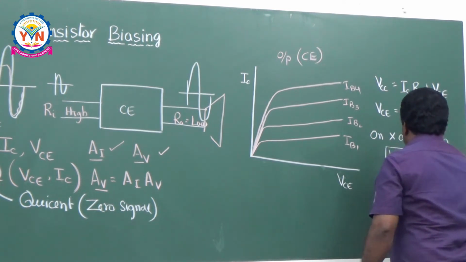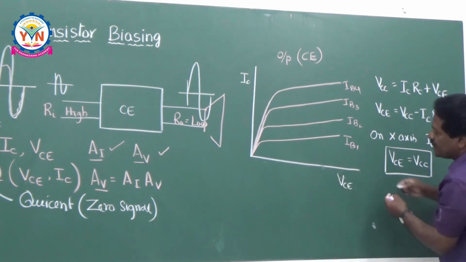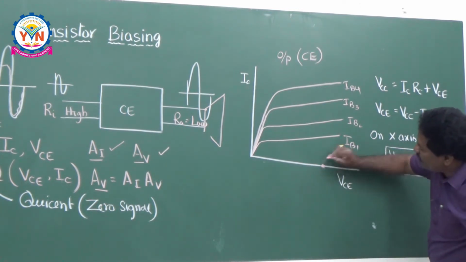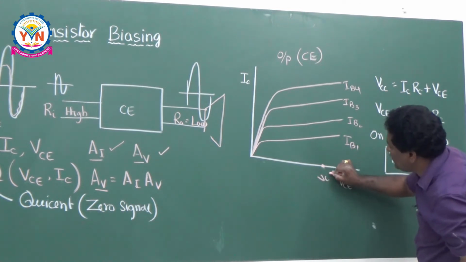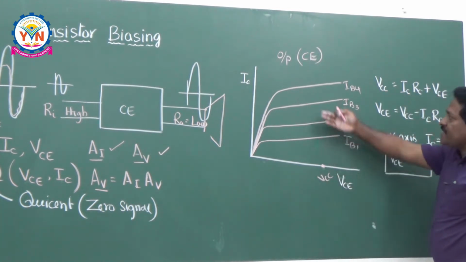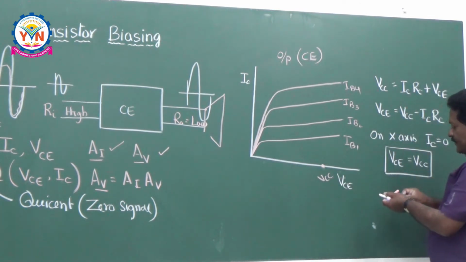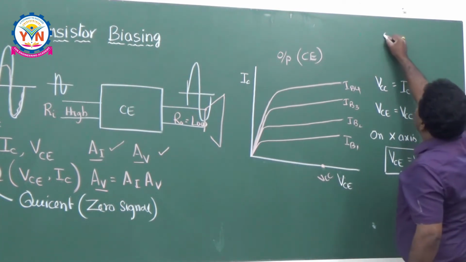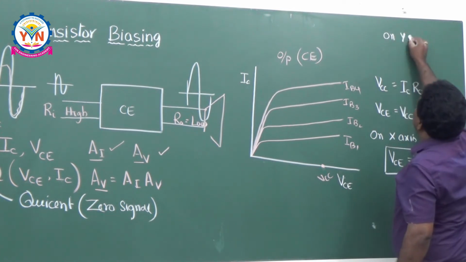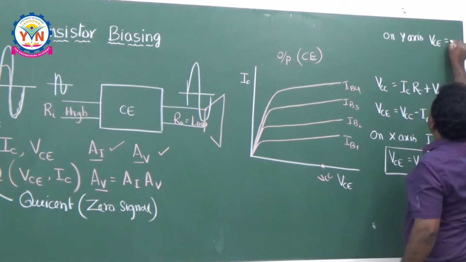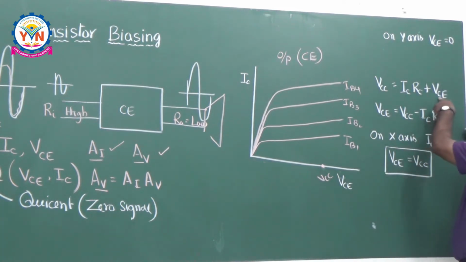So on this axis, this is the value of VCC. On the y-axis, VCE is equal to 0. If you substitute here, if VCE is equal to 0, then VCC is equal to ICRC.